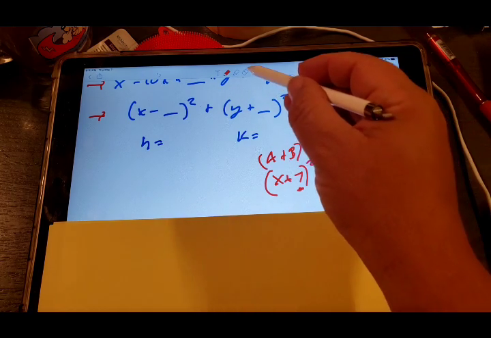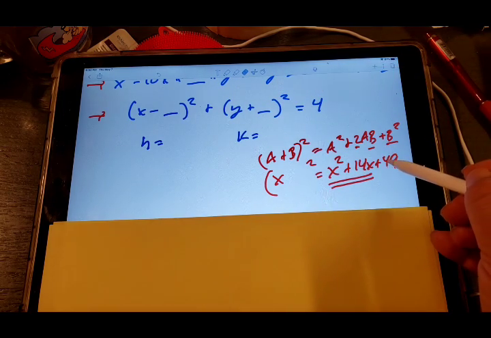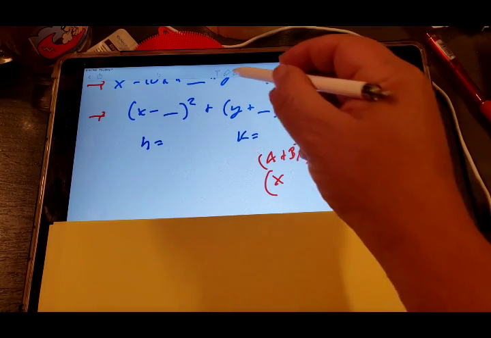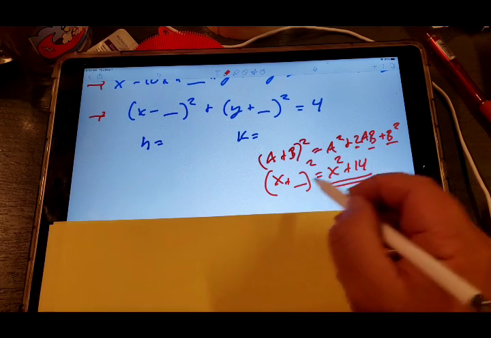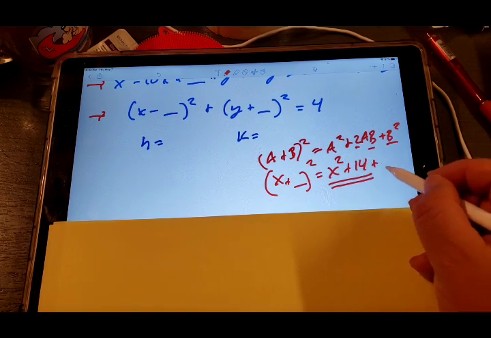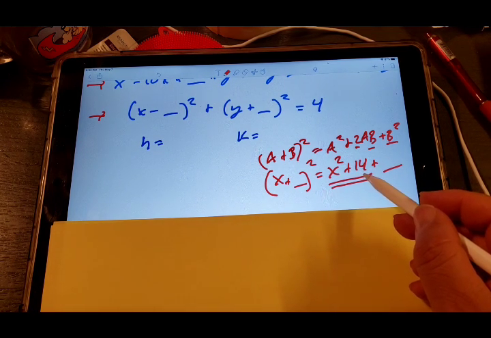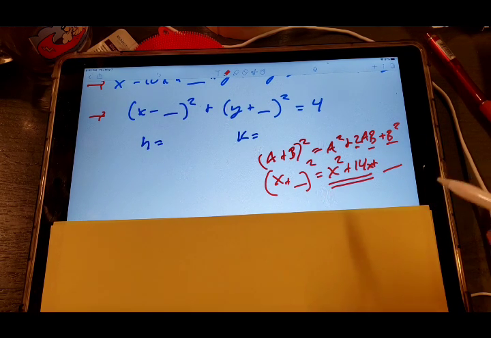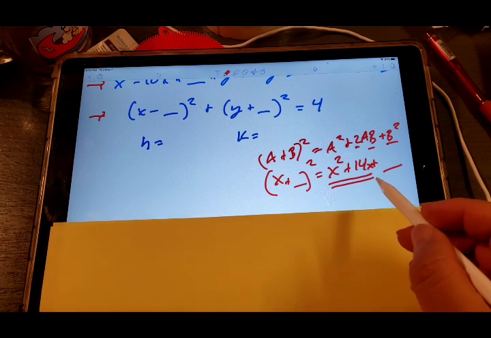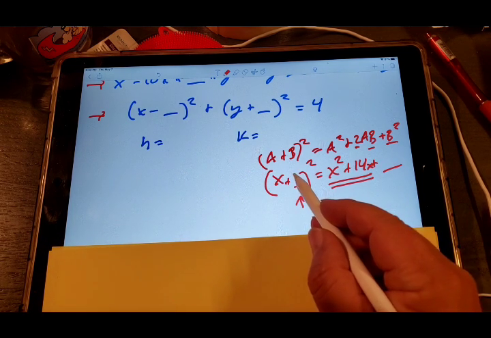But what's happening here is you don't know a few things. You don't know the 7 yet, and you don't even have the 49. All you have is the 14x. You have to figure out that if that's a 14, this must have been a 7.